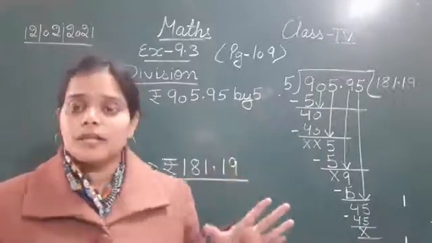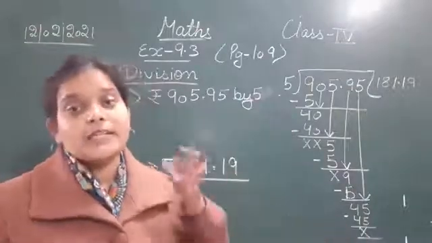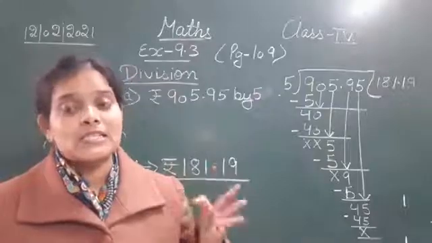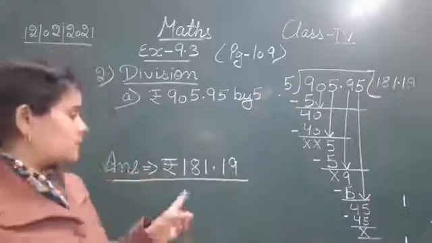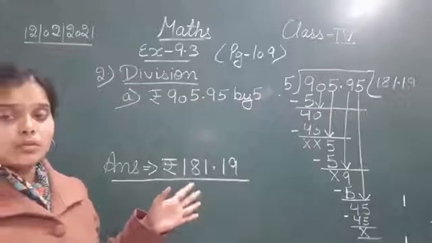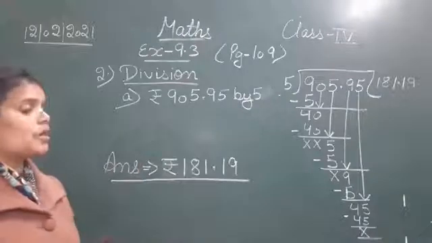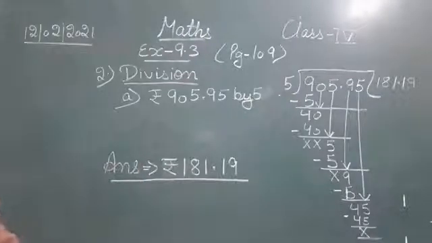Suppose आपने पूरी calculation कर दी and you forgot to put the decimal, then your whole answer will be considered wrong, because here the decimal plays a very important role. So don't forget to put the decimal or the point and the rupees sign as well. Clear? So this is how you are going to do the division of the amount with a certain number.